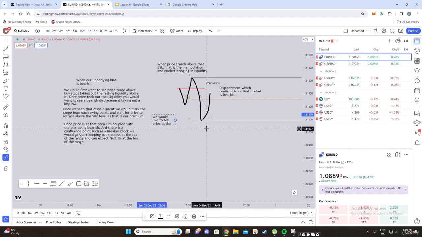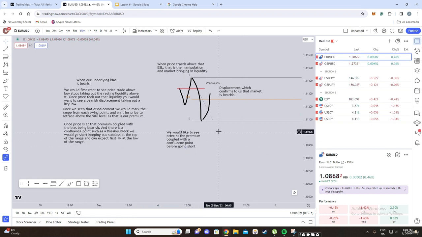Price at the premium coupled with a confluence point before going short. So if the market bias is bearish, if we seen price take out liquidity, if we seen a displacement after, then a retracement of that initial displacement into a premium and coupled with a confluence point, then and only then can we go short. And the opposite if bullish, obviously.